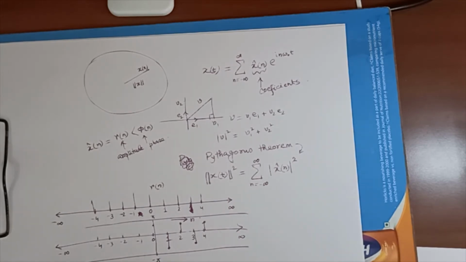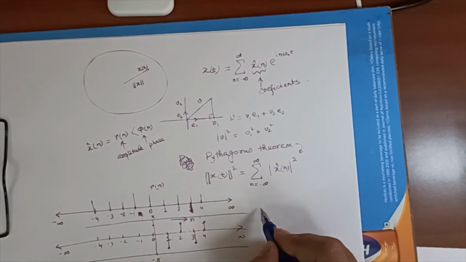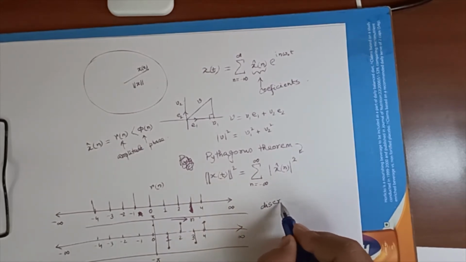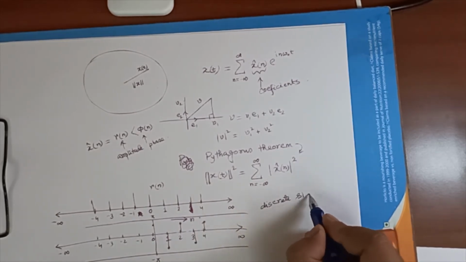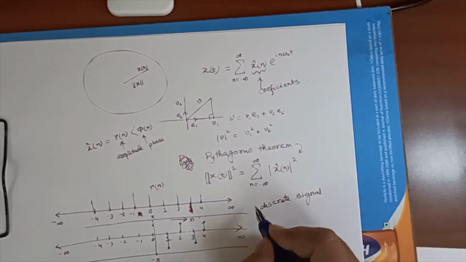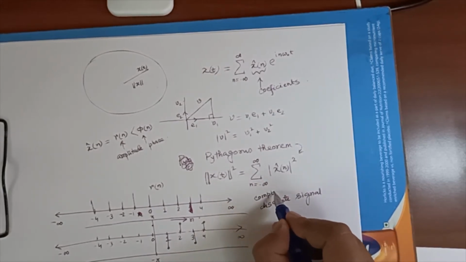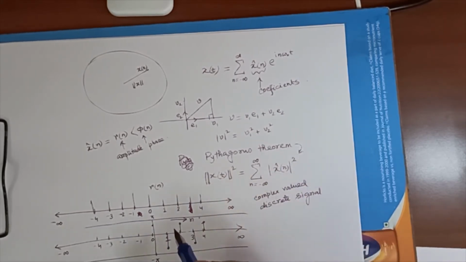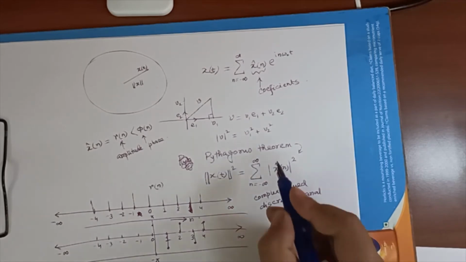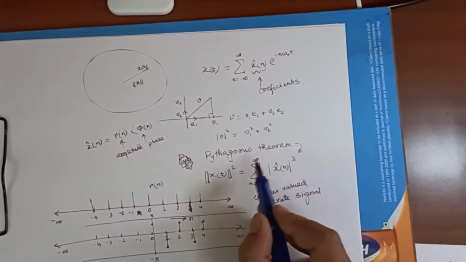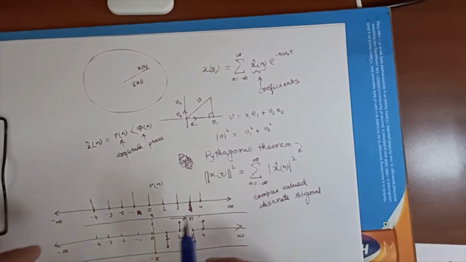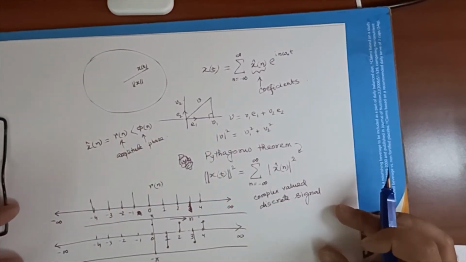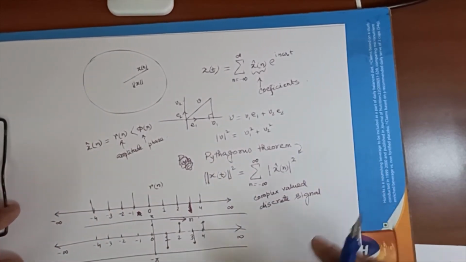Now you can visualize this as a discrete signal or discrete function, a complex valued discrete function. Then the square of a particular value is basically the energy of that instantiation, energy of that value, right? If you sum that, it tells you the energy contained in the entire complex valued discrete signal.